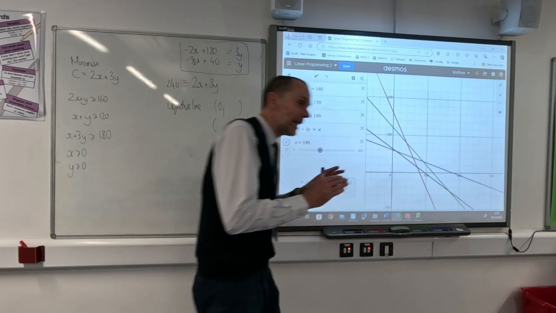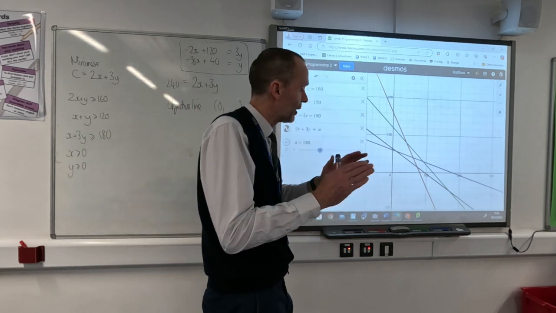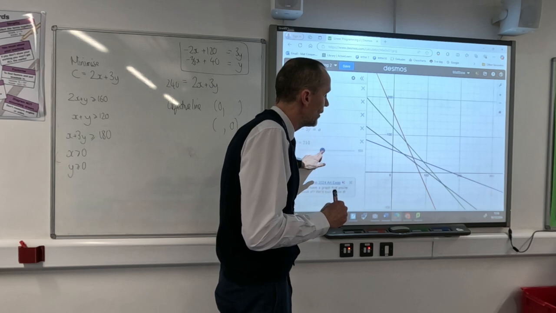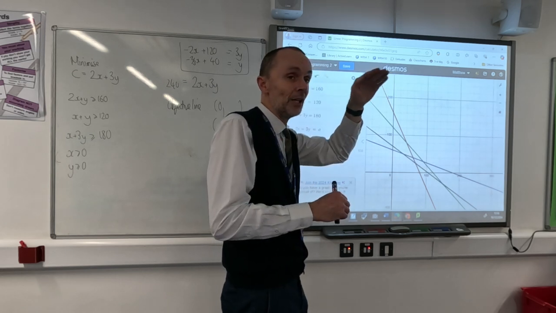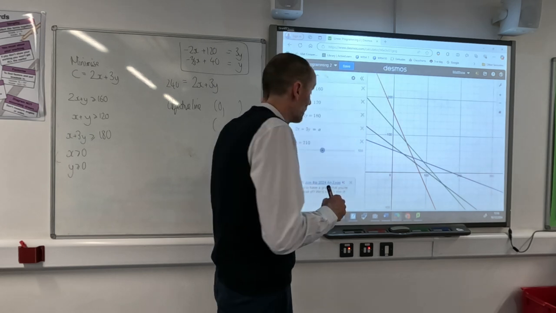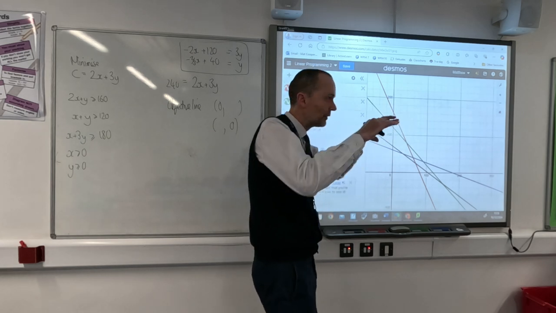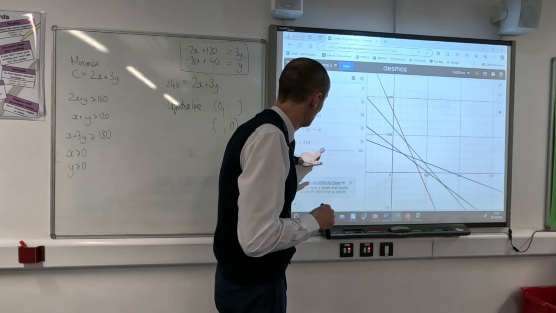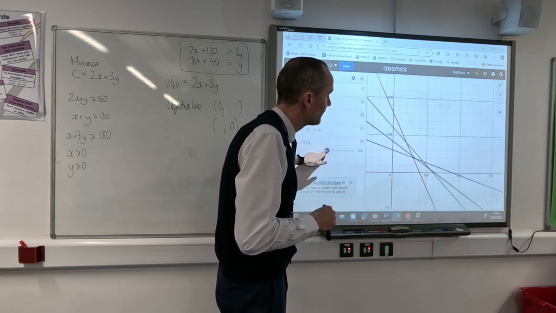If this was a maximised problem, we would slide it up until we found the last point in our feasible region, because that would be the biggest value in the feasible region. In this case, because this is a minimised problem, we want to slide it up until we reach the first corner. So that's going to be there.